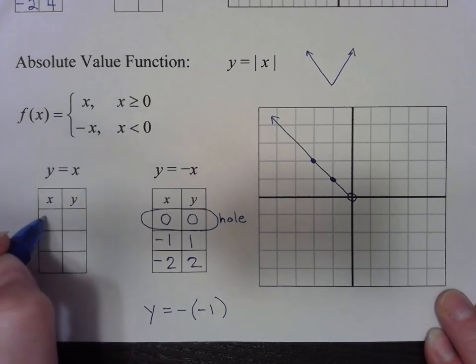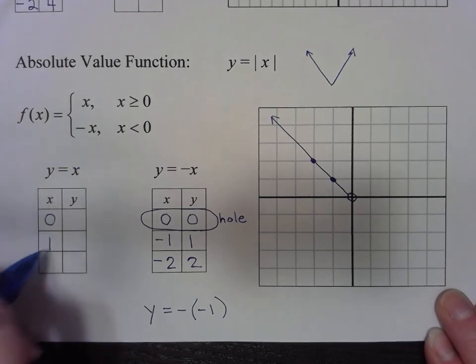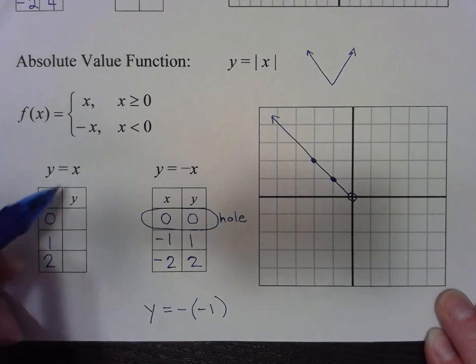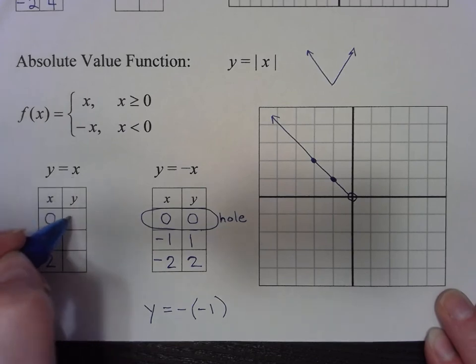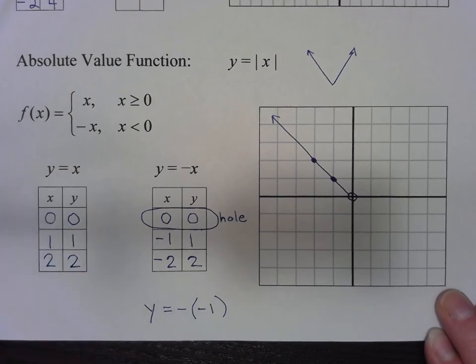So just like before, 0 is included this time, so it is not going to be a hole. And I want to pick numbers that are above 0. When I plug them in, the x and the y are equal to each other. So I have (0, 0), (1, 1), (2, 2).